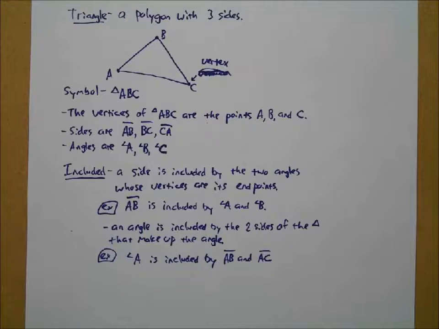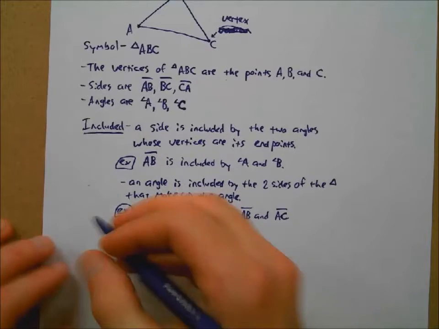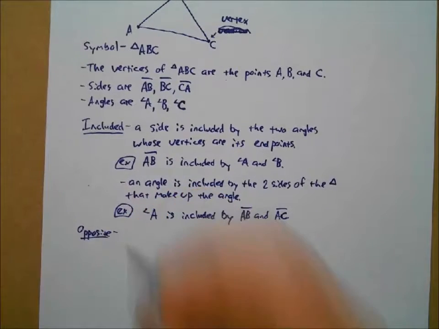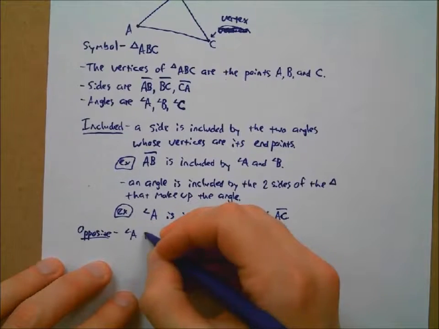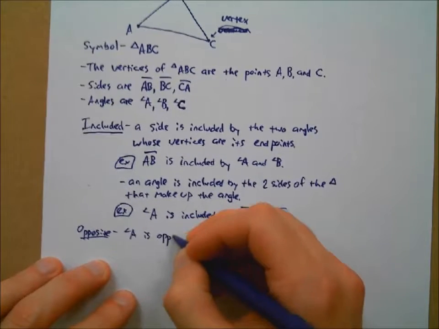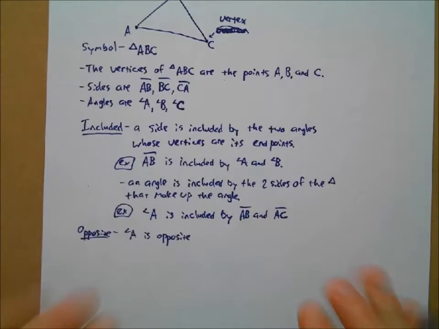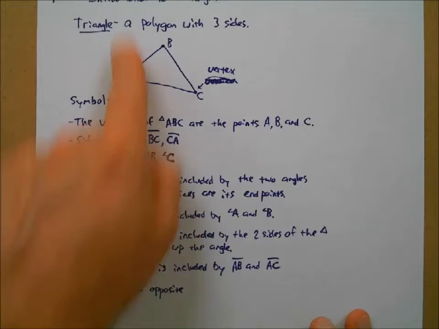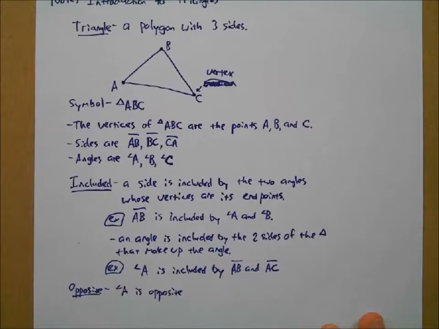And then of course opposite. I'm not going to define what opposite means. I think we all kind of have an understanding here. But we can say, for example, that angle A is opposite, and then what would we say here? What part of our triangle is opposite from angle A?